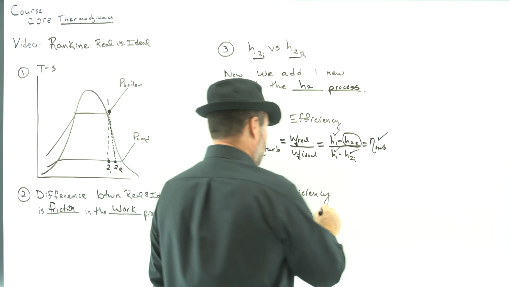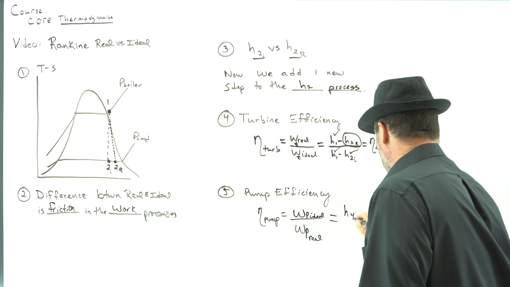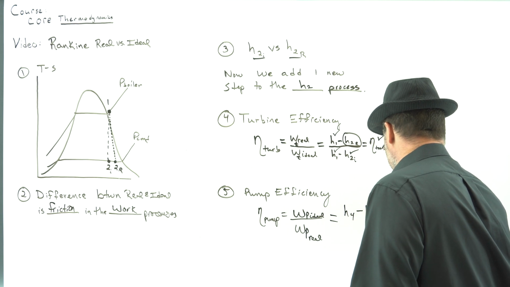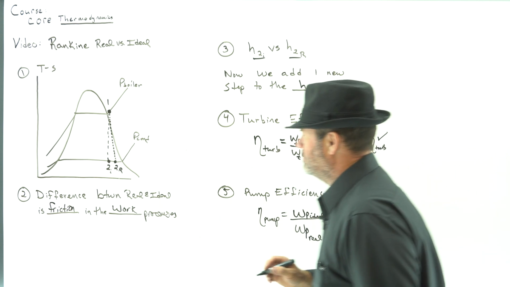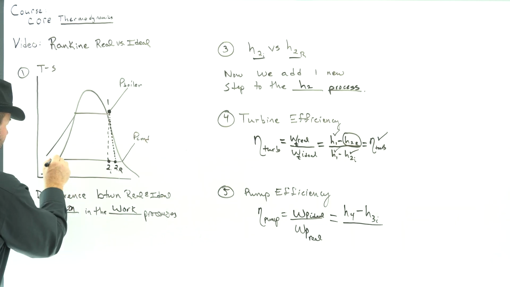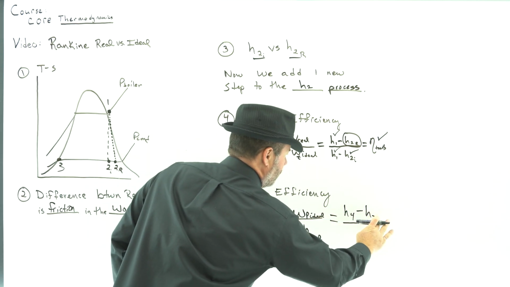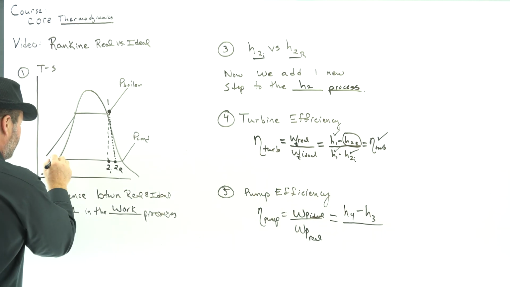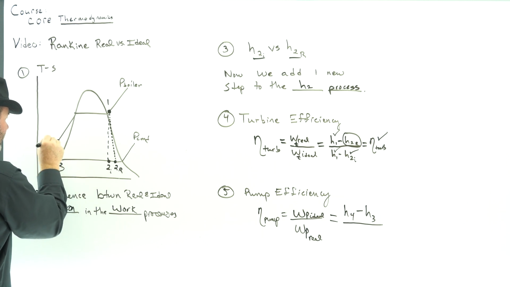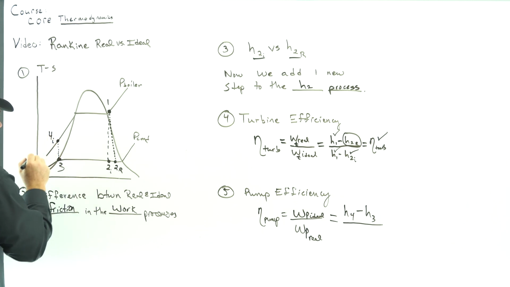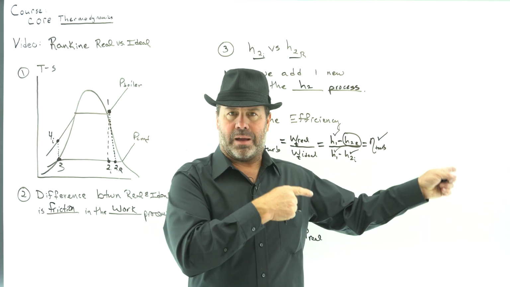All right, well, how do we find work of the pump ideal? Well, that was H4 ideal minus H3. Let's take a look over here. Here's point 3. And point 4 ideal was right above it. Where's point 4 real? That way?